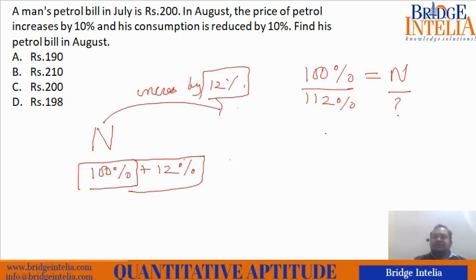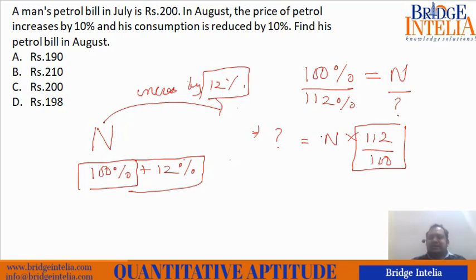So it's just like saying this. The missing figure comes to be equal to n into 112 by 100. So you can see this multiplying factor. If you have to increase, the multiplying factor is greater than 1, with 100 as the base.